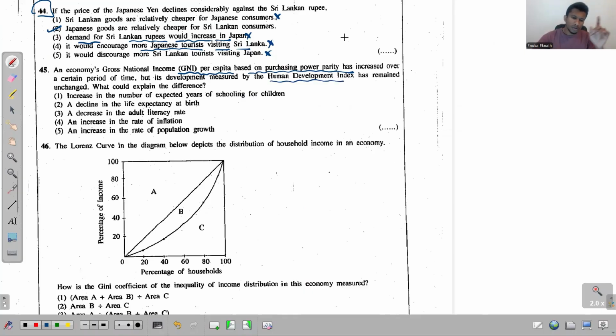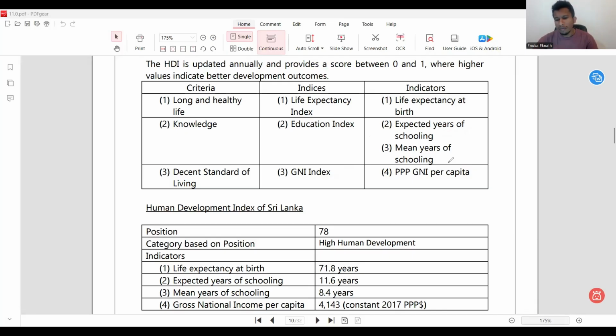Clear? So let's go back to the theory note again. As per the question, the purchasing power parity GNI per capita has increased, but when the Human Development Index is calculated based on all three criteria, nothing has happened to its value.